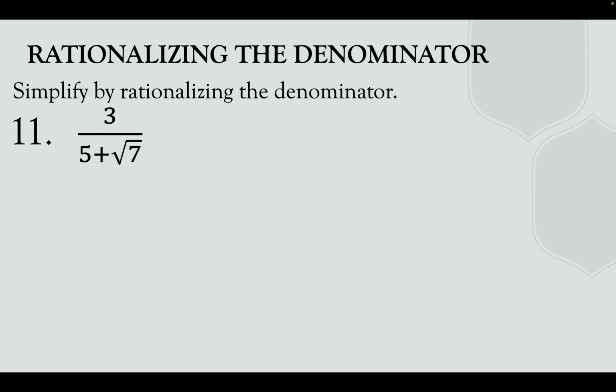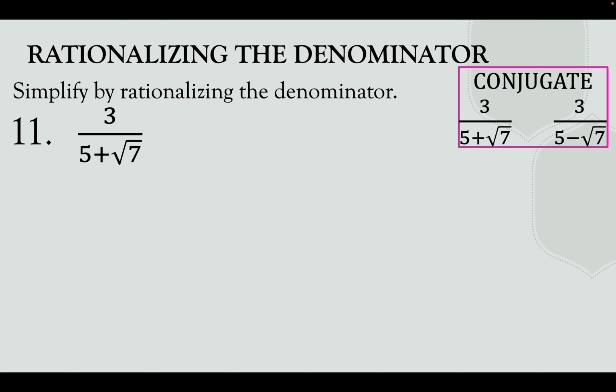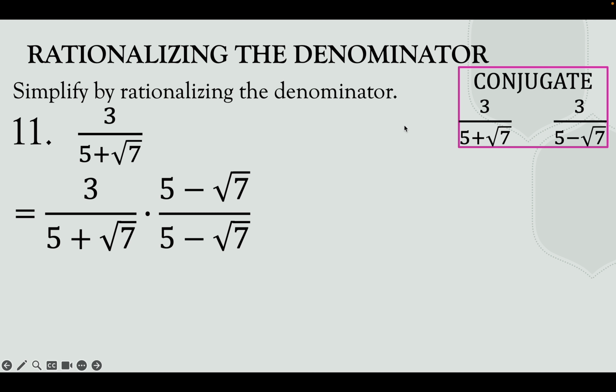We need to multiply this by its conjugate to simplify. So what is the conjugate of 5 plus square root of 7? We have 5 minus square root of 7. That means the different sign, class. So for addition, we have here subtraction. So multiply both sides by 5 minus square root of 7.